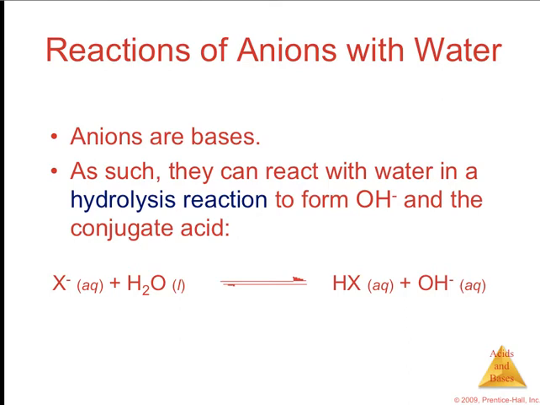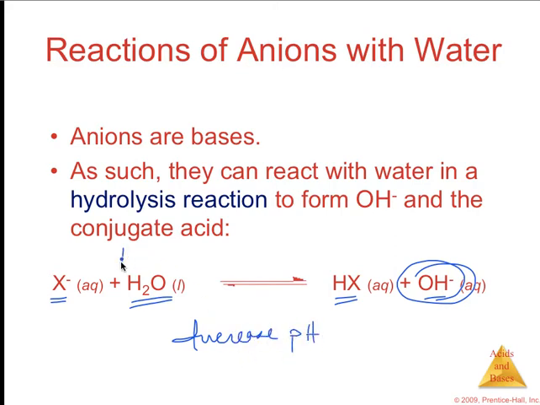So if we look at the reaction, if I have anions in solution with this water, there is the potential for it to set up an equilibrium where it's going to form HX, the weak acid, and the hydroxide ion. It's this hydroxide ion then that would increase the pH of the solution.